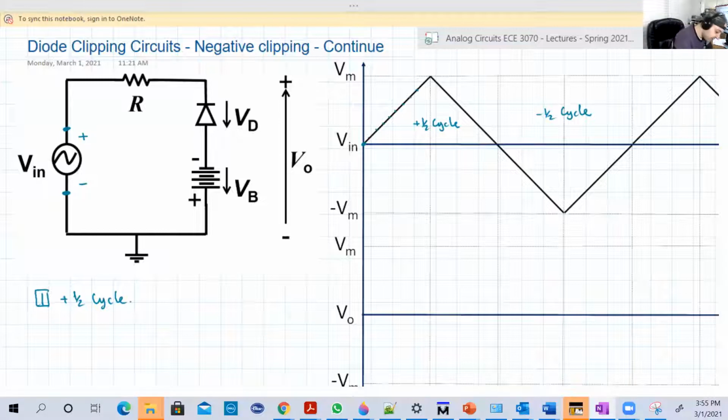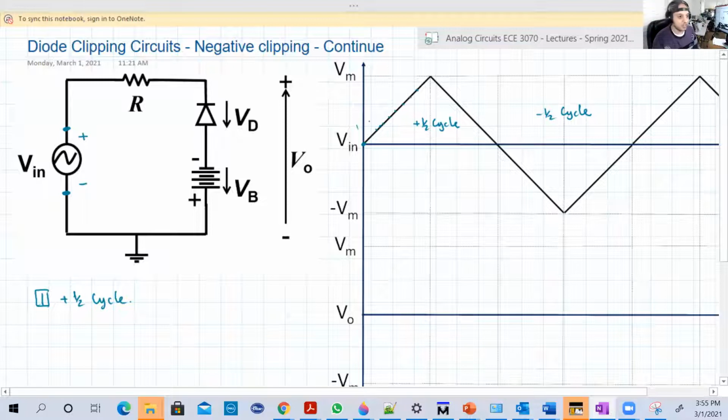Then, for example, here, if it's 1, or whatever, that means the voltage of the positive polarity is greater than the voltage of the negative polarity, the ground, by 1, and so on until we reach here. Then here the voltage of the positive is greater than the voltage of the negative by Vm, and so on.